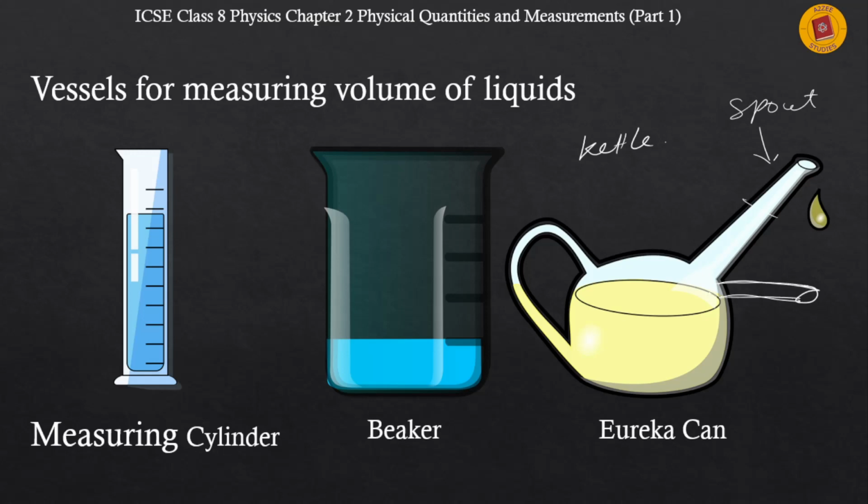Now up to this level the water is filled. If we pour a bit more water, the water will flow down and we can collect it, right? I didn't get a good diagram of the Eureka can, so I put it like this, but the idea is the same. The spout is a bit lower.